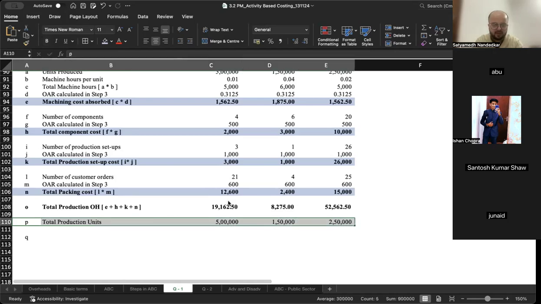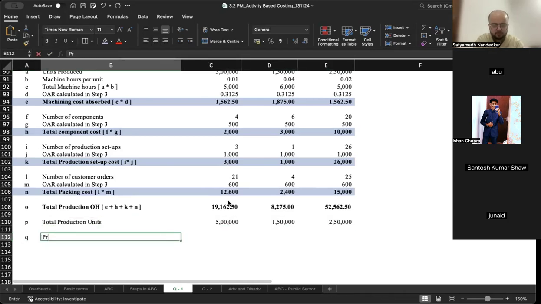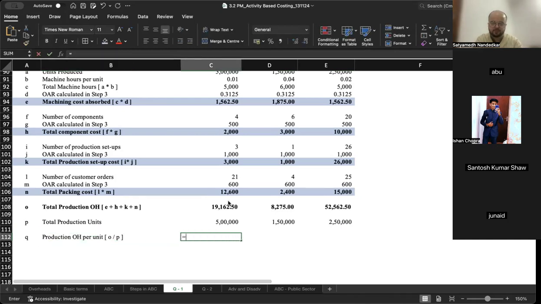What I'll have after this is I will have production overheads per unit. How will I get that? O upon P.